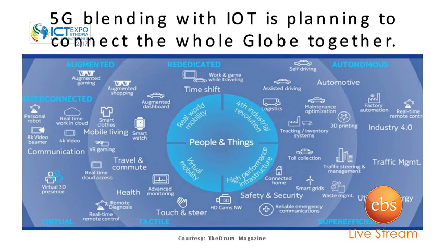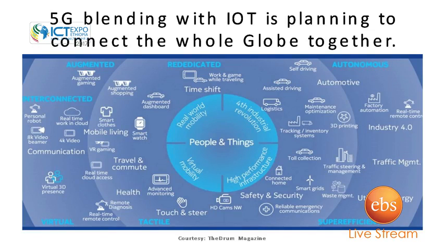When we talk about the fourth industrial revolution, I'm focusing more on automotive, but a lot more things are there. When we talk about high performance infrastructure, it could be in traffic, safety and security, or utility and energy. And when we talk about virtual mobility, it is travel and commute.